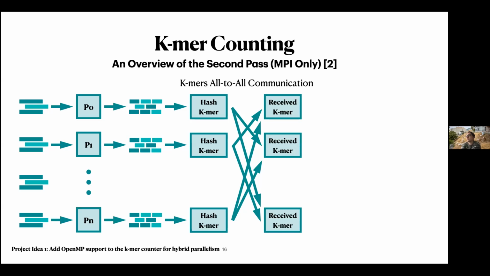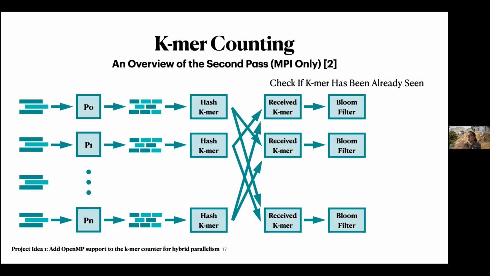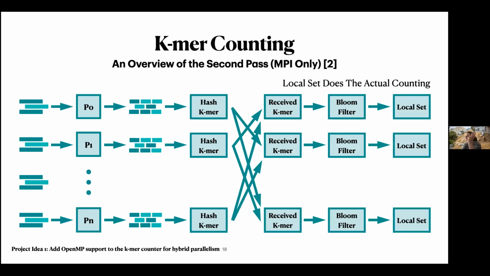And once the k-mers are received, we again check if the k-mer is already seen. If not, we discard that. Sorry, we count that. And in the end, once we have checked the Bloom filter, we count them locally. And this is because a given k-mer, like CCTA, is always counted by the same processor, always ends up in the same processor.